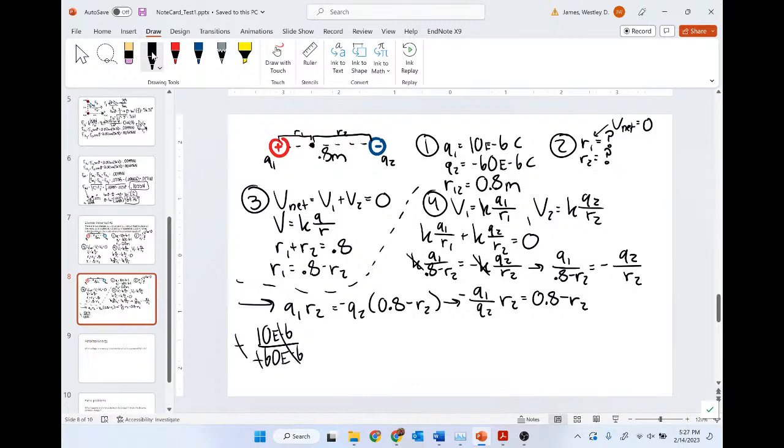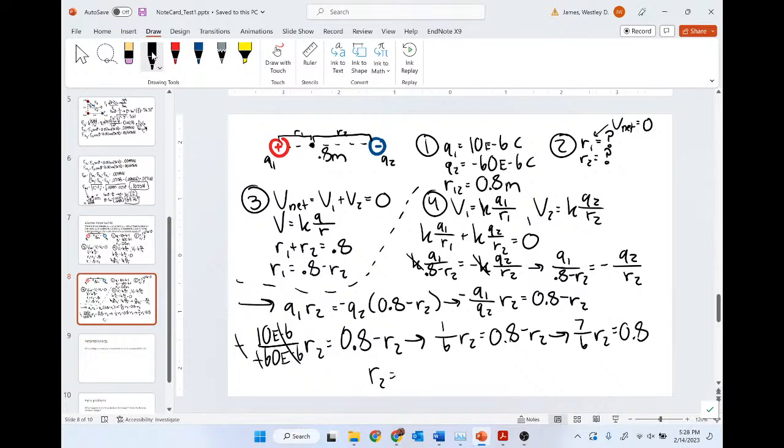Those e to the minus 6s will cancel. R2 equals 0.8 minus R2. So I get 10 over 60, which is just 1 over 6. R2 equals 0.8 minus R2. Add the R2 to the other side. 7 over 6 R2 equals 0.8. R2 equals 6 times 0.8 divided by 7.